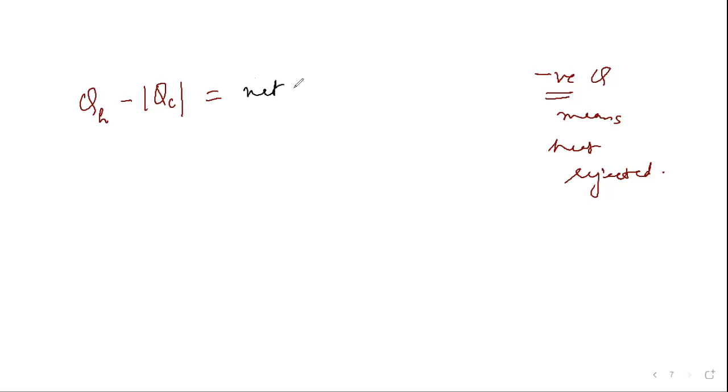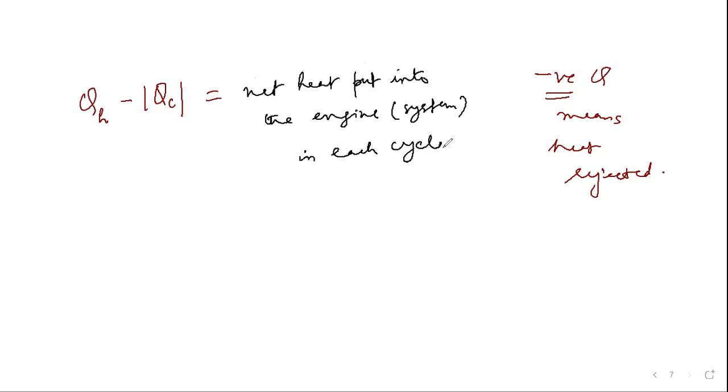net heat put into the system, between the engine. That is my system in each cycle. In each cycle, working substance or engine takes this much heat, rejects this much heat.